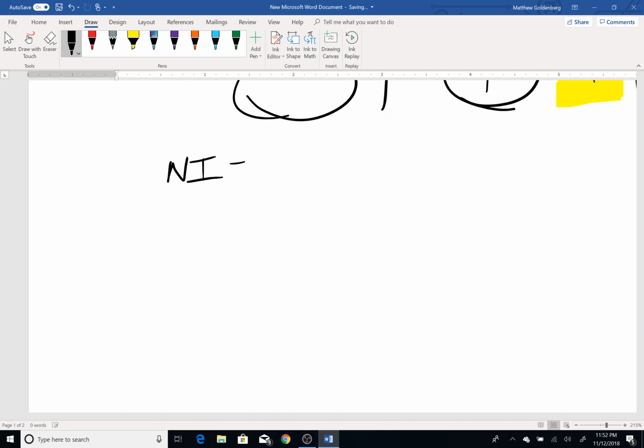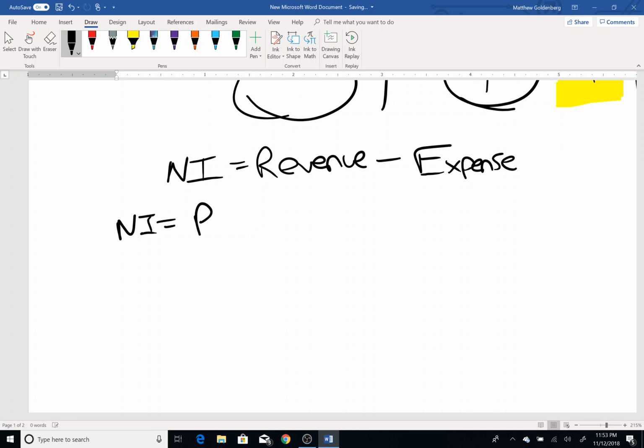All I really want you to know right now from income statements is this formula. Net income is equal to revenue minus expenses. Net income is also your profits, is also your retained earnings, depending on what the question asks for.